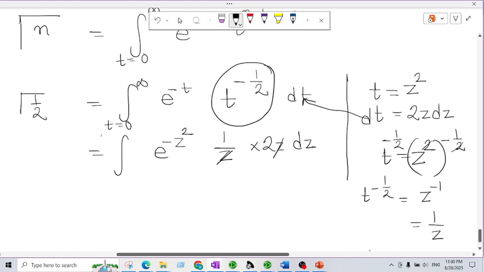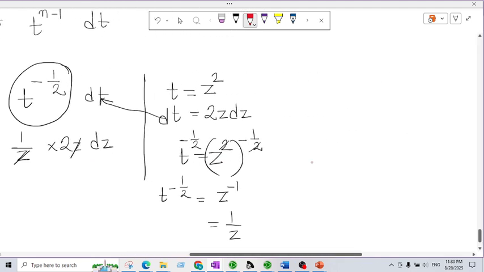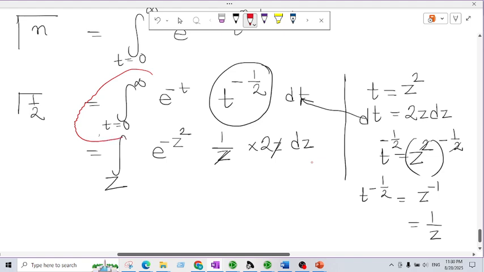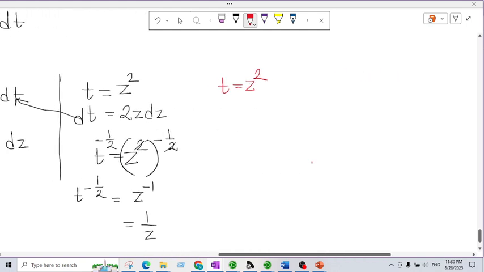Now let's see what is the range of z. This is actually the range of t, but now we have to put the range of z. Let's examine this formula, t is equal to z square. You see the range of t is from 0 to infinity, right? So let's see when t is equal to 0, what is the value of z, and when t tends to infinity, what is the value of z.